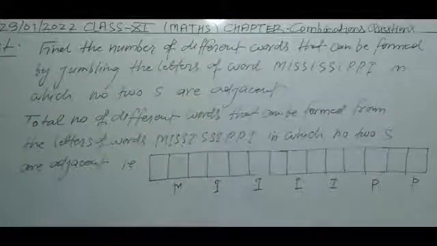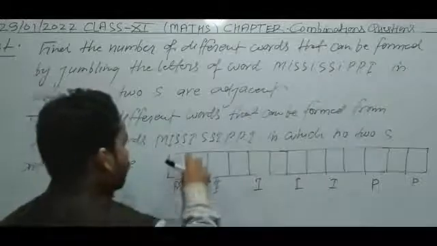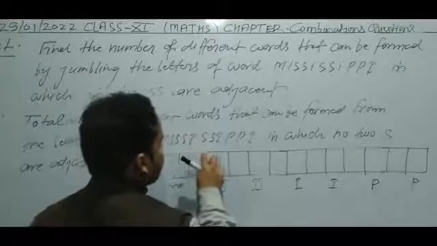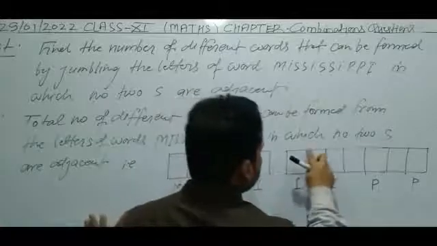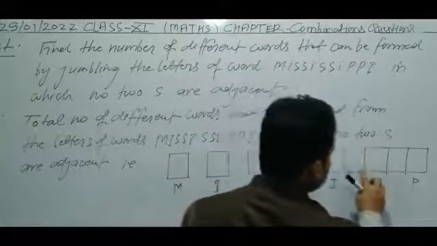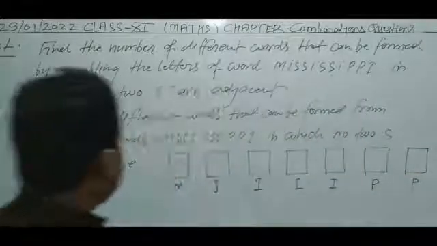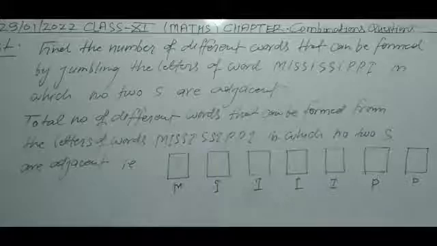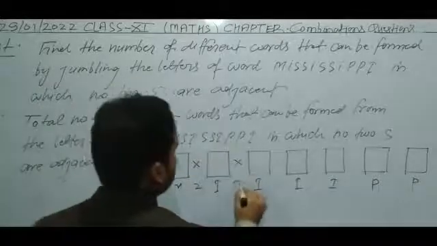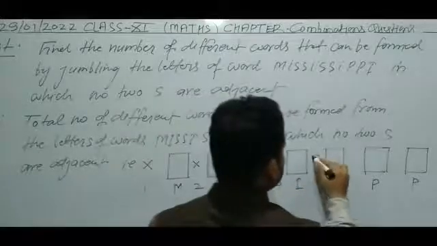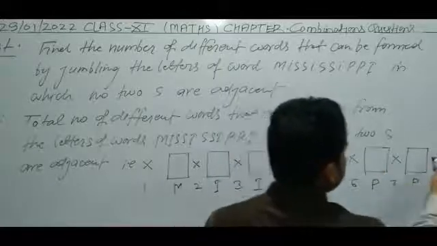So how many places are left for S? One place, two, three, four, this is the fifth place, sixth, seventh, and this is the eighth place.